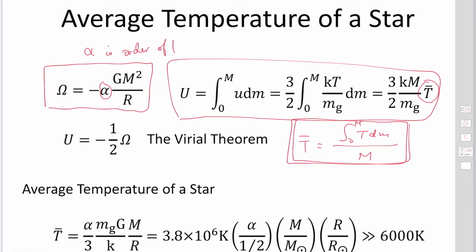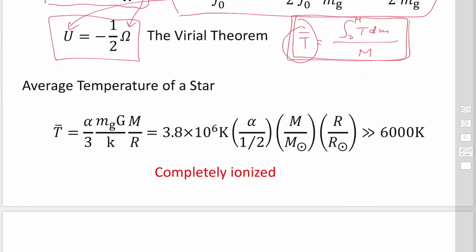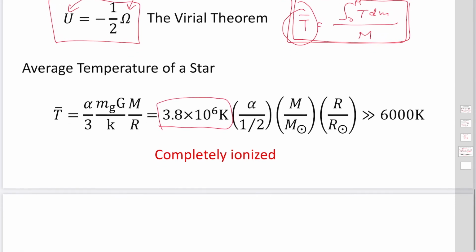Then using the Virial theorem, you can substitute U and omega to get the average temperature of a star. In this case, you can substitute alpha as 0.5, M as the mass of the Sun and R as the radius of the Sun, and the average temperature becomes about 4 million kelvins.